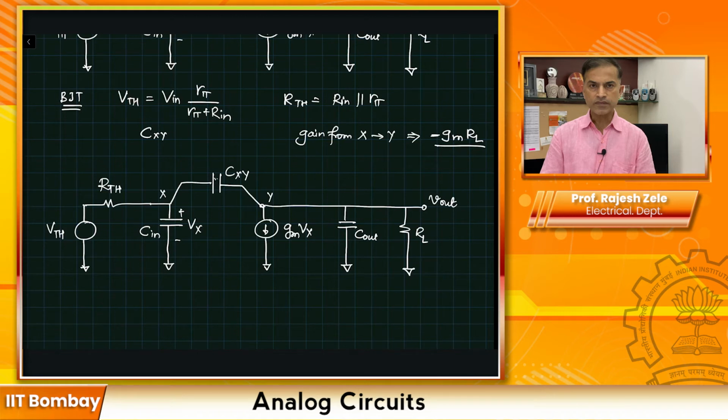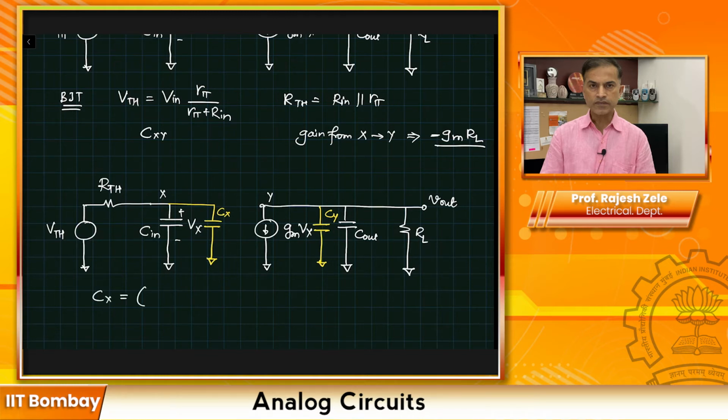We will apply the Miller principle, and what that will do is it will remove this capacitance CXY, and then that capacitance will be added over here. So this capacitance is added from node X to ground, and that is CX over here, and the CY we're going to call it over here CY. So we know that using Miller principle, CX is equal to 1 plus GMRL times CXY.